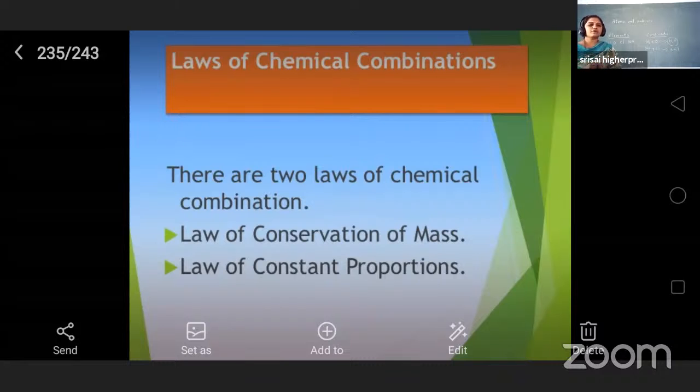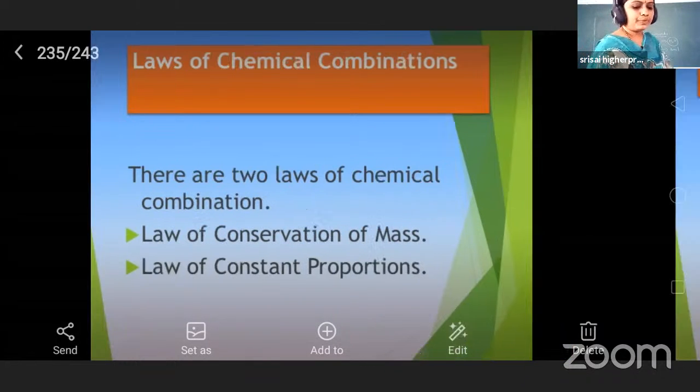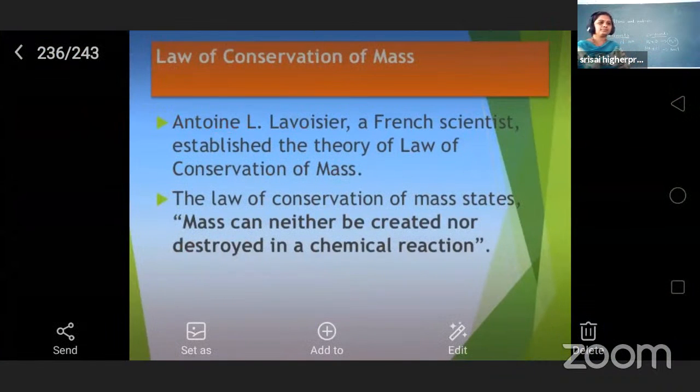This law states that mass can neither be created nor destroyed in a chemical reaction.